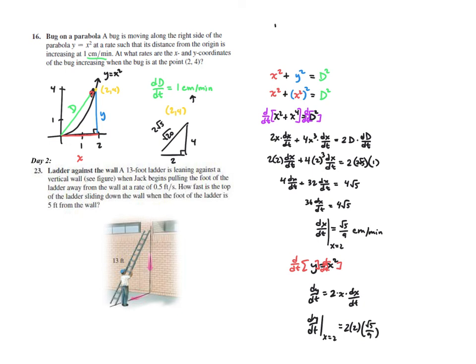Thus, dx/dt at the point (2,4), we already knew, was square root of 5 over 9 centimeters per minute, and dy/dt at the point (2,4) ends up being 4 root 5 over 9.